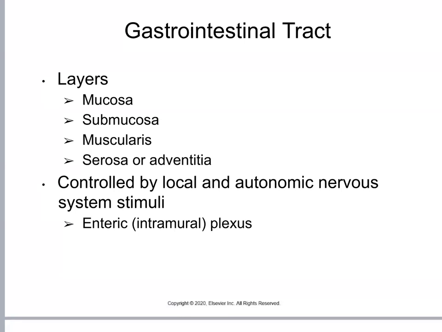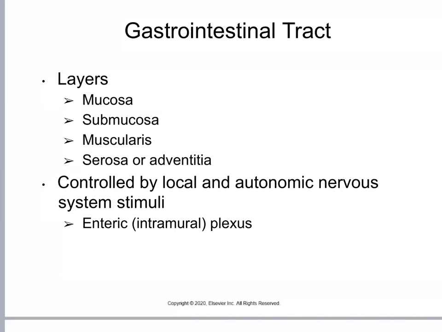The serosa is the outermost covering of the GI tract, and it's very slippery. And its purpose is to reduce friction between the organs. So it's part of what we call the visceral peritoneum. In the esophagus and the rectum, it's called the adventitia. So it has a protective function and it anchors the GI tract.